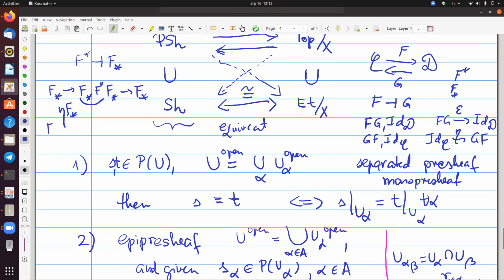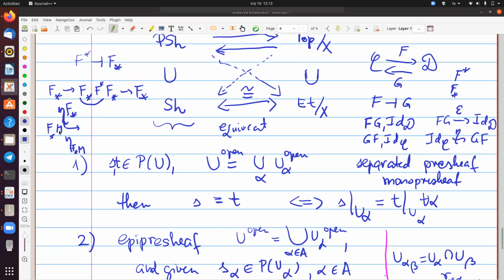That means if you take F lower star of some M, you do eta on F lower star M. We just concatenate the notation for the functor and natural transformation.